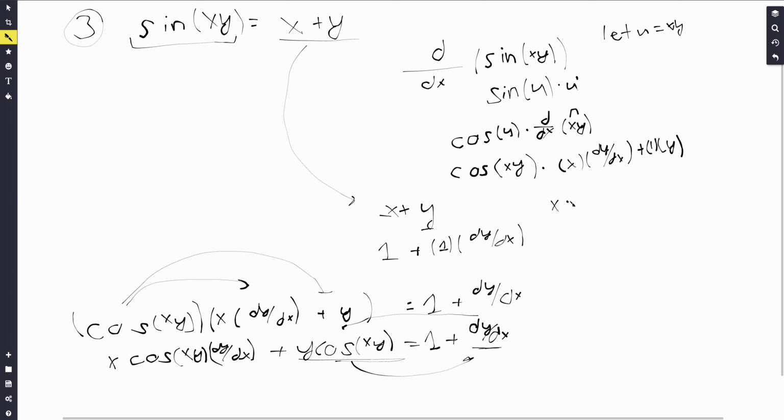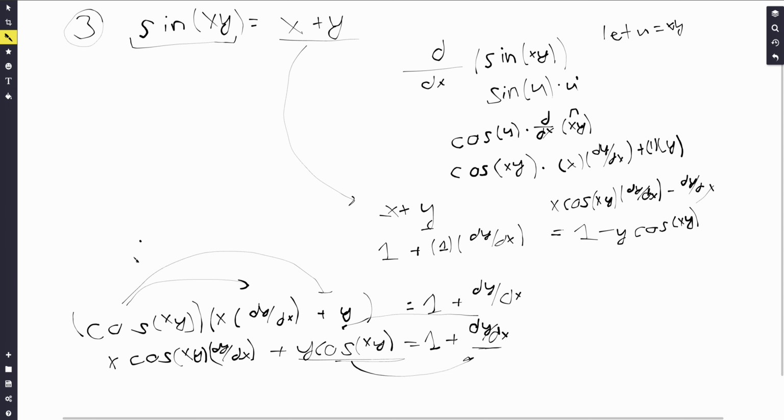So that would be x cosine of xy times dy over dx, and then we'd have a minus dy over dx, because we're bringing this plus term over here, and that would be equal to 1 minus y cosine of xy.